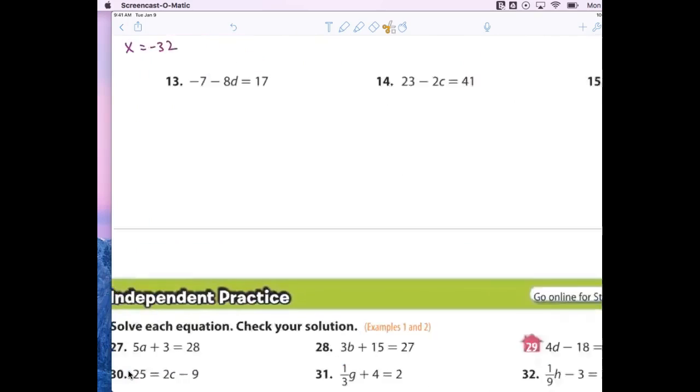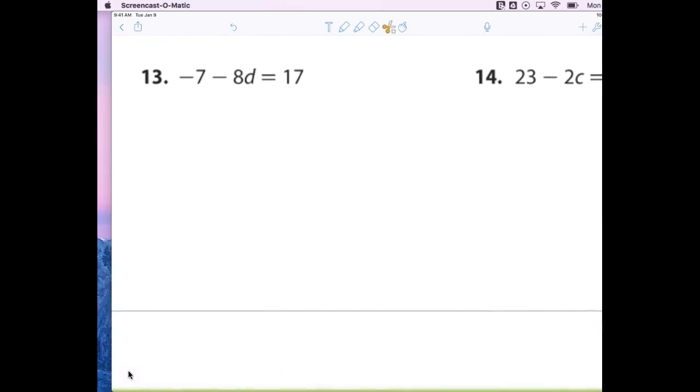Okay, 13. Yeah, you can do that. Look, I like what she just said. That's not a bad thing. Negative 8d minus 7 equals 17. Is that necessary? No, not necessary, but I like that.